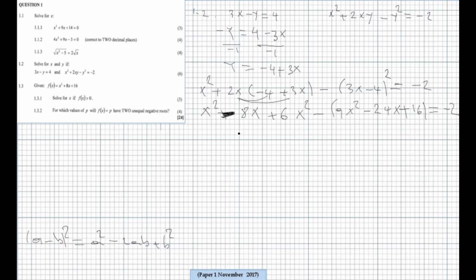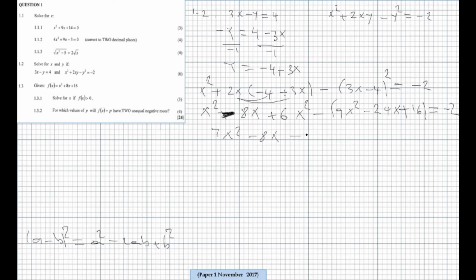I can further simplify it so that these two can be added, so we have 7x squared minus 8x. So now I have the brackets. To remove that bracket, I'm gonna need to multiply all the terms inside the bracket by negative 1, since there is nothing there, so I can say that there is a negative 1.